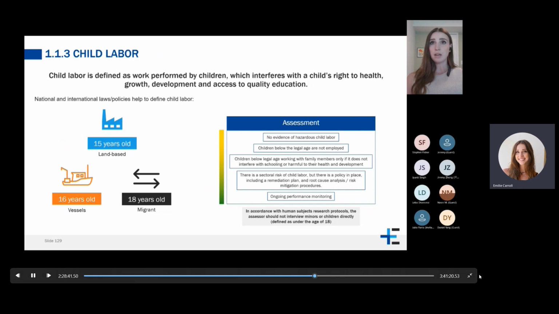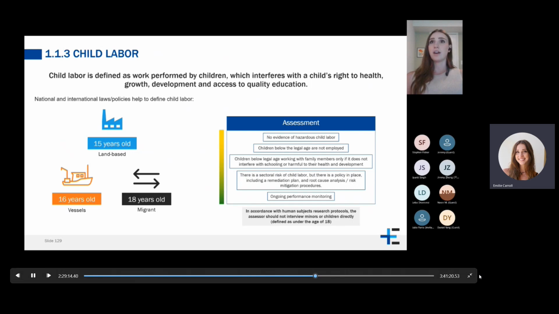However, ILO C-188, which is the convention specific to fishing activity, states that, on vessels, fishers should not be below the age of 16, just because of the inherent dangerous nature of the fishing industry. And then furthermore, the ILO says that migrant workers should not be younger than 18 years of age. I think there's inherent risks with migrating for work, and in particular for younger children. So 18 is kind of the recommended age there for migrant workers.